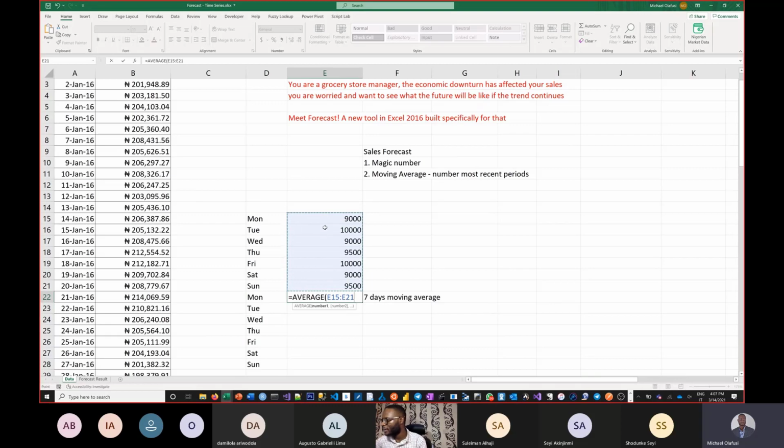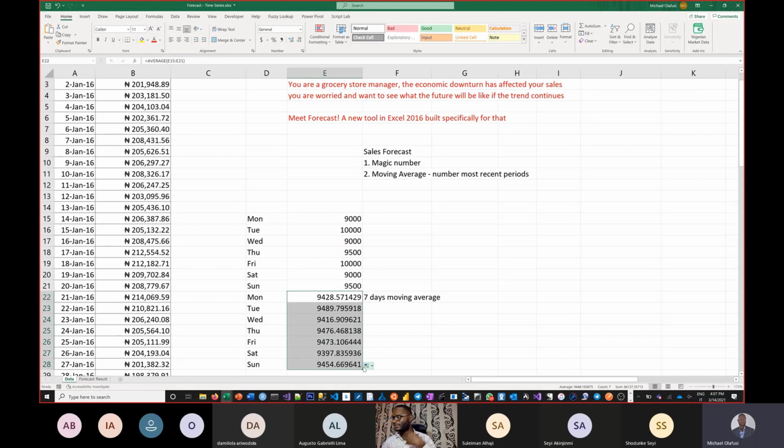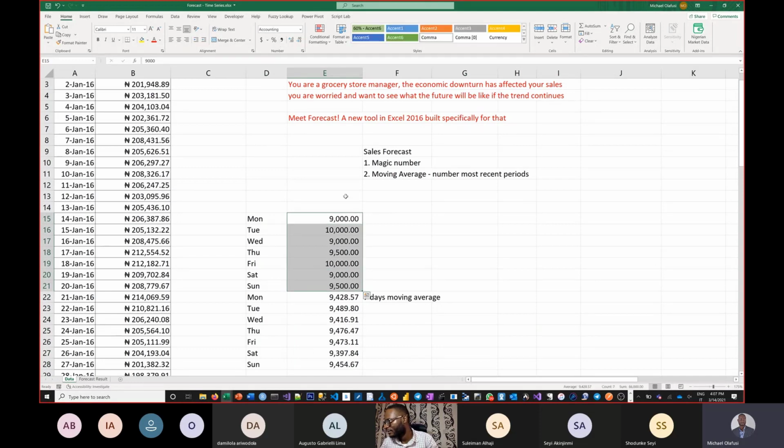So average of your last 7 days actuals. That is what I am now going to take and say I want to use it to forecast for your next week's performance. Okay, so if you look at this, okay, this is a moving average.